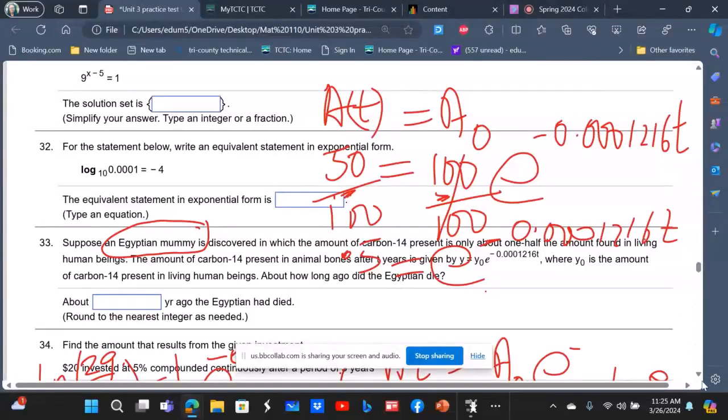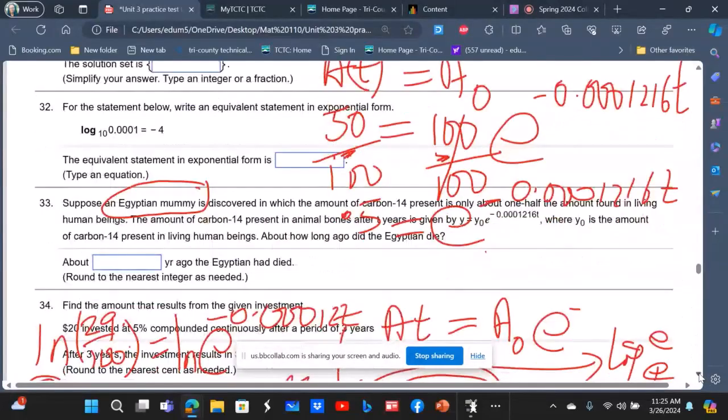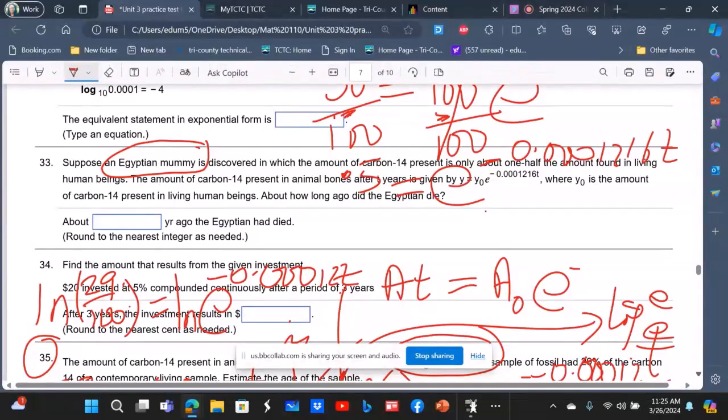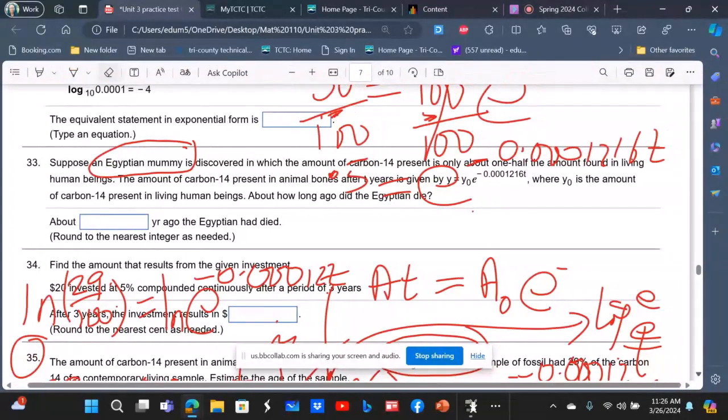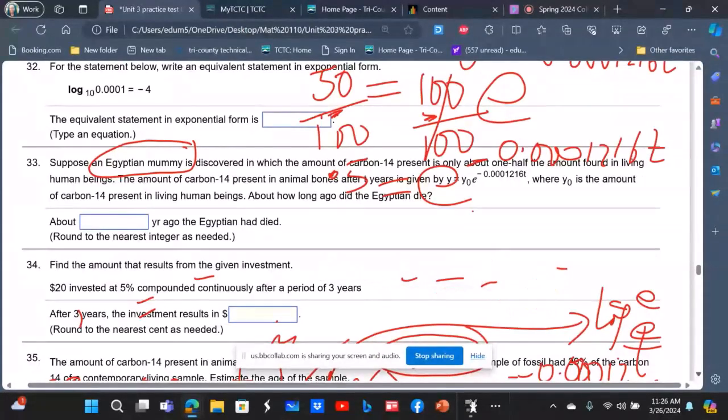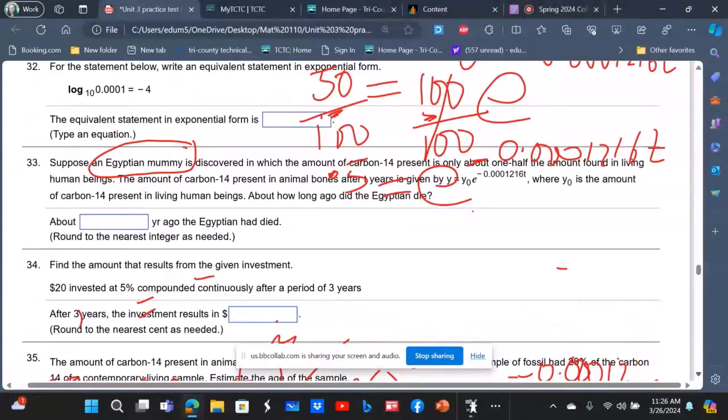By the way, why am I taking the natural logarithm? Because the exponential function is e. So I'll clean some of this first. We are going to take the natural logarithm of both sides because the exponential function is base e.